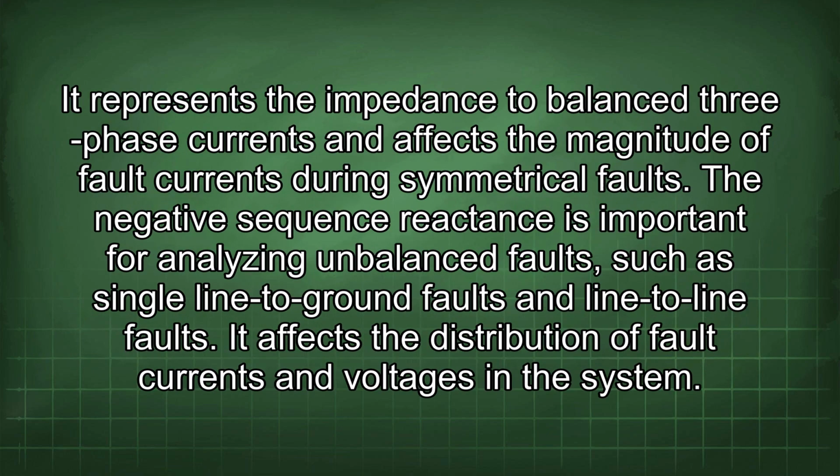It represents the impedance to balanced three-phase currents and affects the magnitude of fault currents during symmetrical faults. The negative sequence reactance is important for analyzing unbalanced faults, such as single line-to-ground faults and line-to-line faults. It affects the distribution of fault currents and voltages in the system.